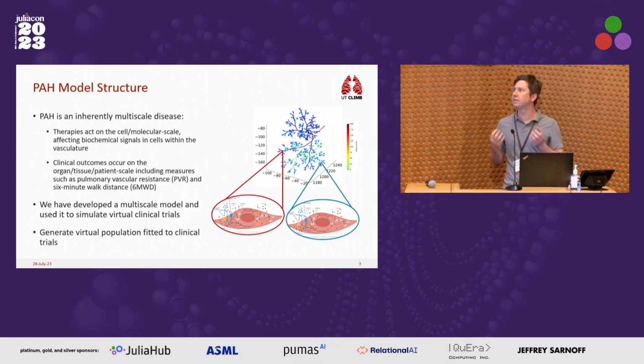These are things like pulmonary vascular resistance, which is a measure of how much resistance your pulmonary vasculature has to flow, so how hard it is to pump blood through your arteries. And also 6-minute walk distance, which is exactly what it sounds like. It's how far someone can walk in 6 minutes, which is the main outcome of a lot of these trials, actually. So we've developed a multi-scale model to try to cover this.